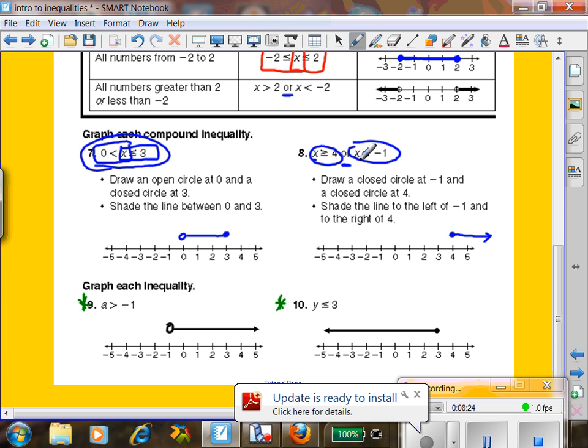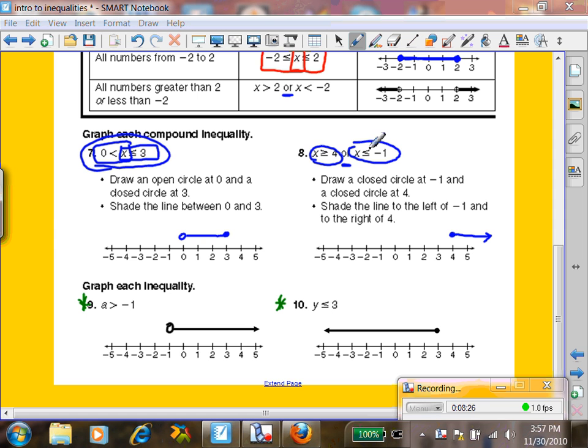And then it also says that x could be less than or equal to -1. So if I go to -1, it could be -1. So I'm going to do a closed circle, and then I want everything less than -1. Well, everything less than is to the left, as always. And there you have it.